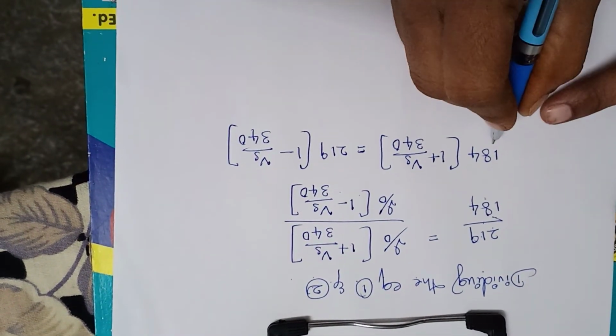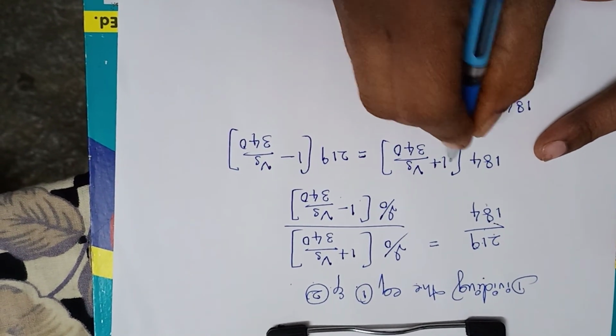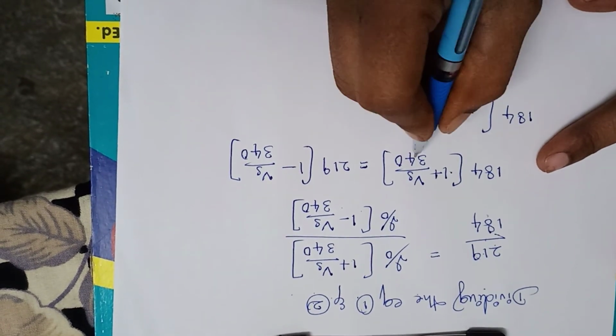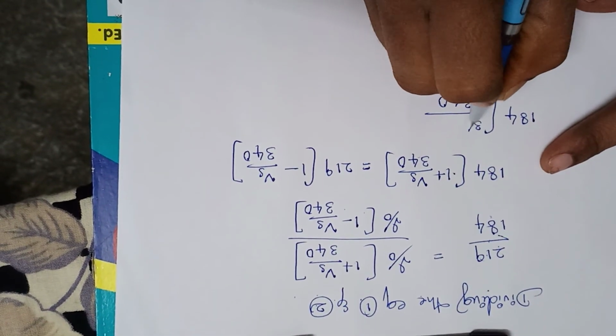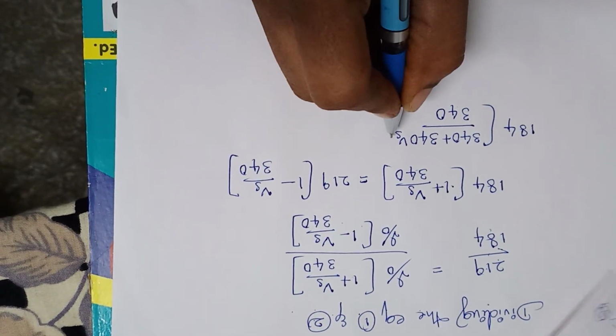Next, taking the LCM 340, we get 184 into 340 plus 184 vs.